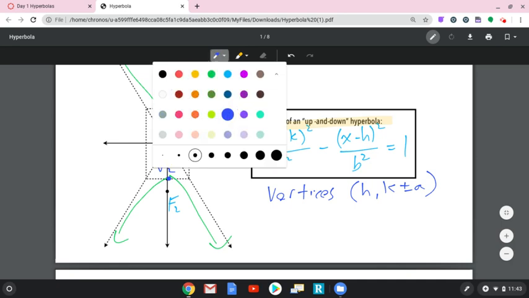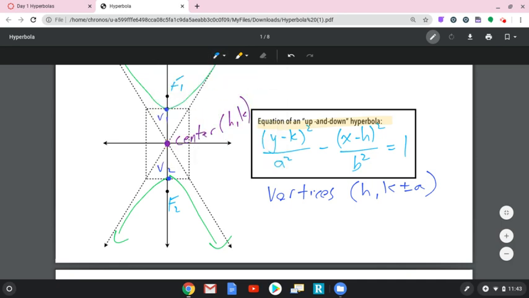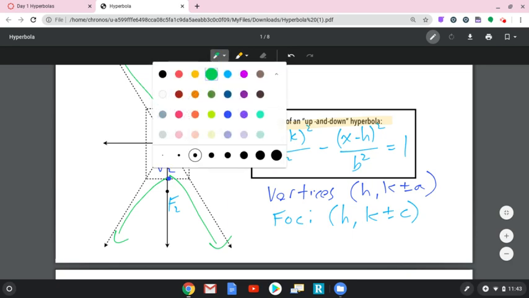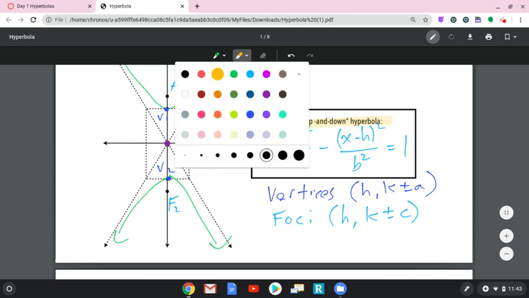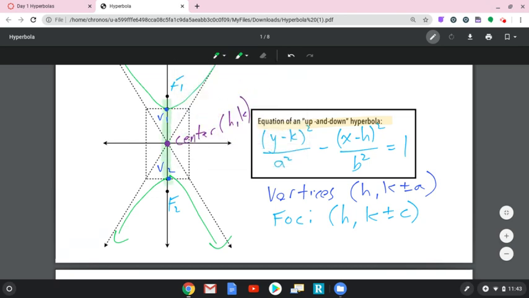If I look at my foci, again, I'm adding c, but I'm not adding c to my x. I'm adding c to my y. So it's (h, k plus or minus c). All right, guys? There you go. Now you're going to have that vertical transverse axis.